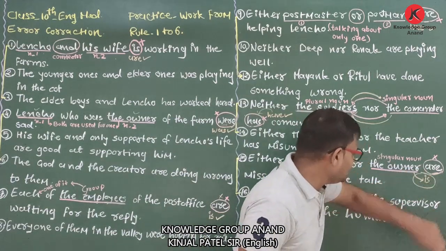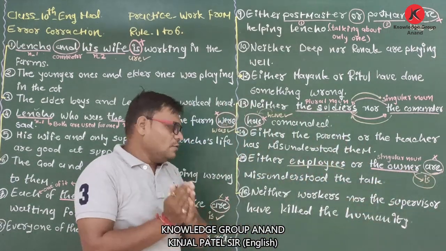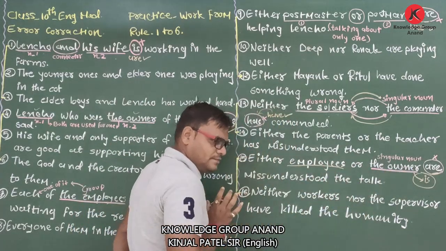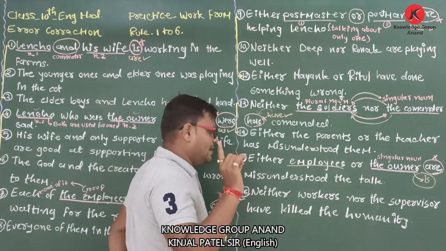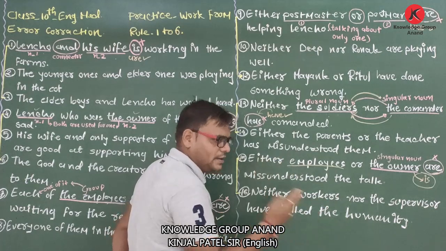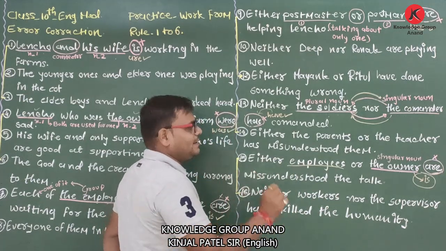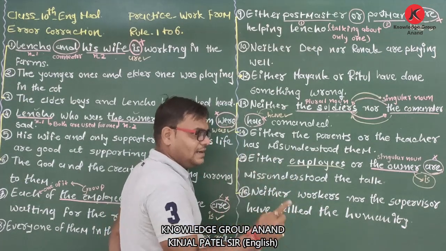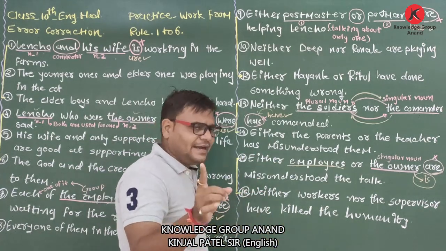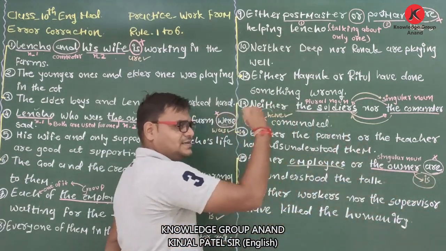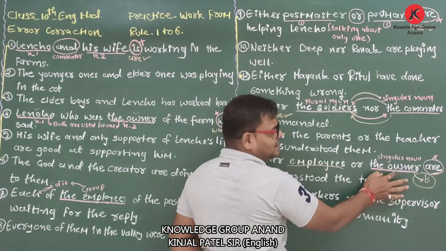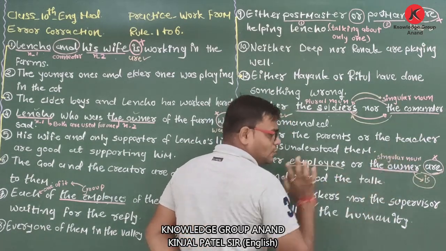This means that when there are two nouns joined or connected by either-or, neither-nor, or, in that case, the verb agrees with the nearest noun. Now, in this case, the nearest noun is a singular noun.